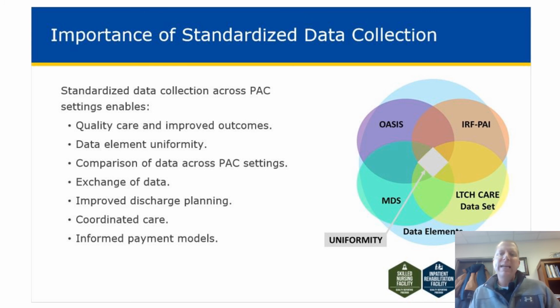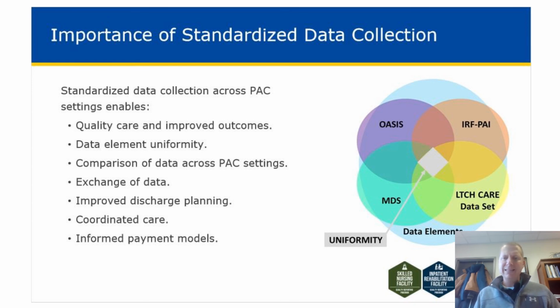This allows Medicare to look at if everybody throughout these settings is collecting data the same way, okay, then it helps us compare data across all of these settings, right?